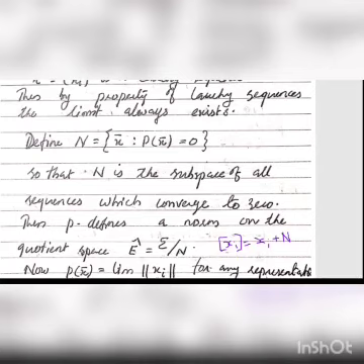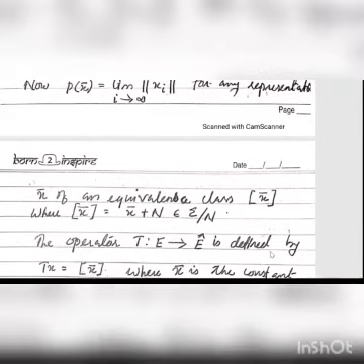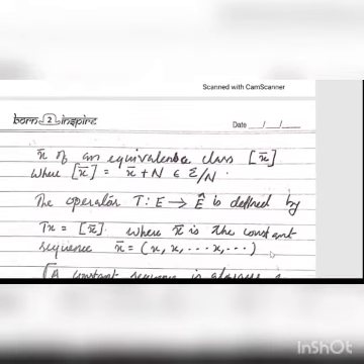So p of x bar I have denoted as the limit of norm of xi for any representative. Representative means if I take this as my coset, then (xi) is my representative, any representative x bar of an equivalence class x bar.